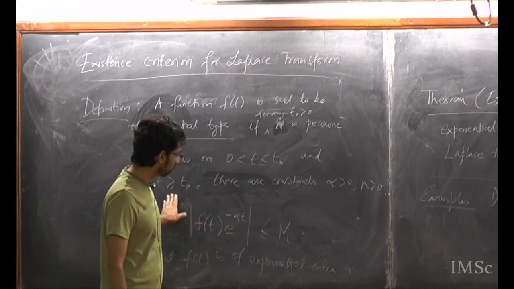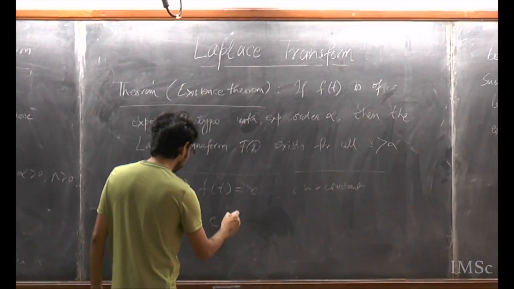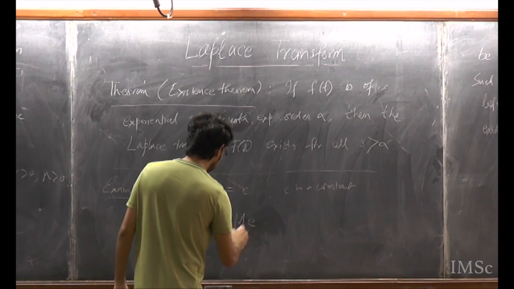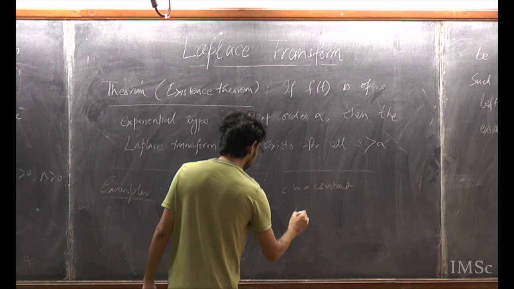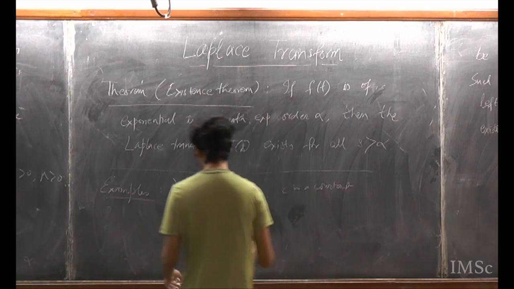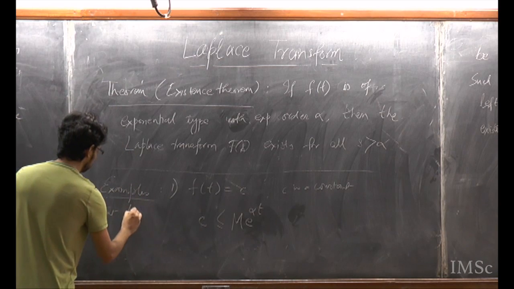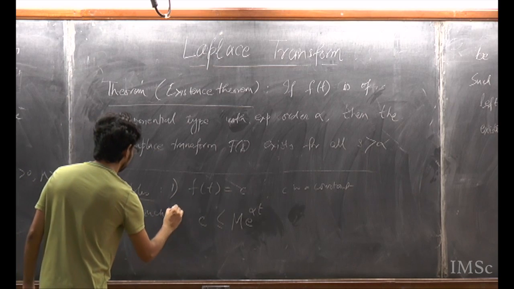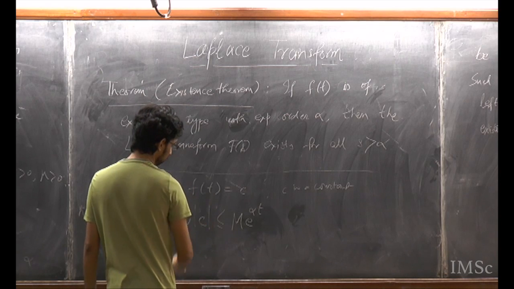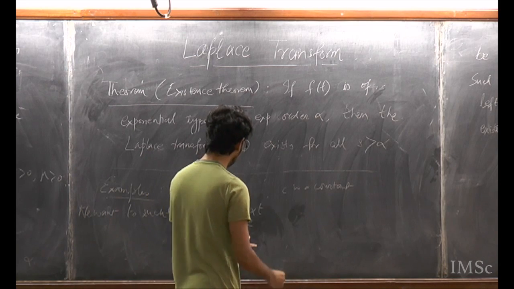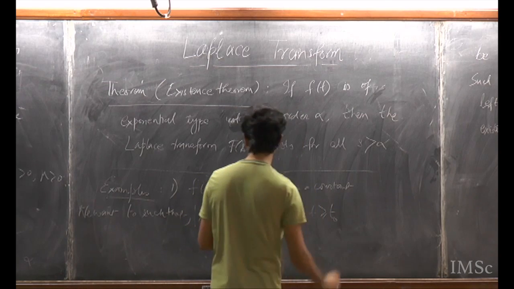Because you can always find, so let me write down C. So what you want? You want |C| less than or equal to M e^(alpha t) for t greater than or equal to T naught.